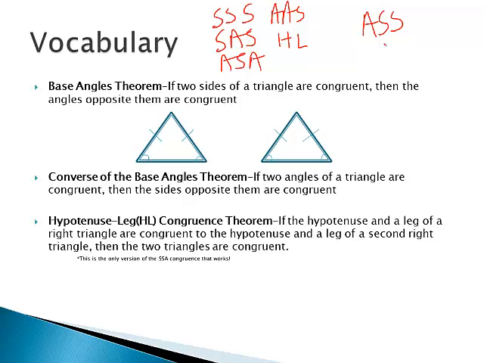This is a particular part. It's the only time when side, side, angle, or angle, side, side actually works. Because any other time, you could still have a congruent side, another congruent side, and an angle.